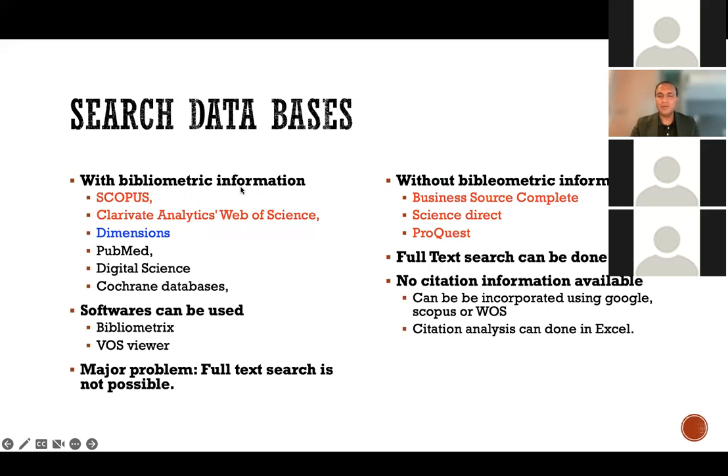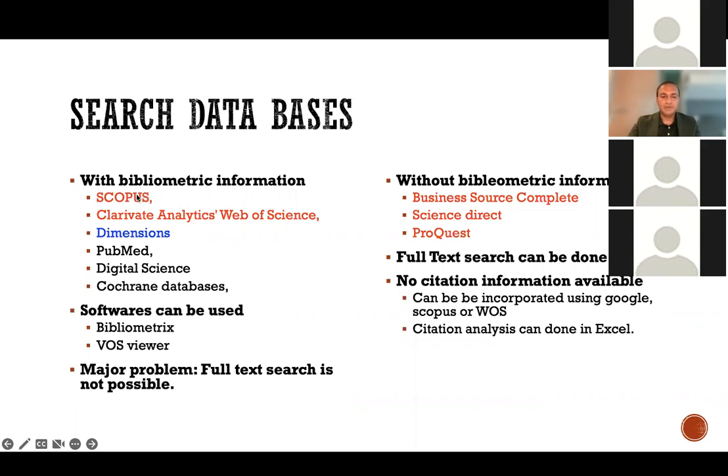So what do we mean by bibliometric information? If you search for an article here, it will of course give you a lot of information about that article, but it also includes the information about how many times this article has been cited. So this is called bibliometric information.